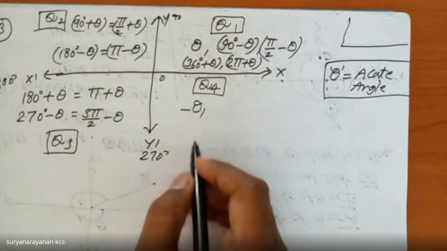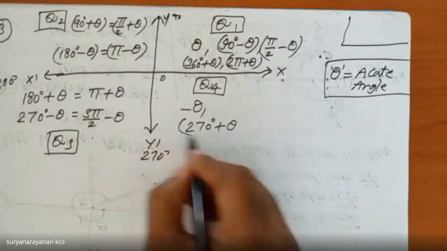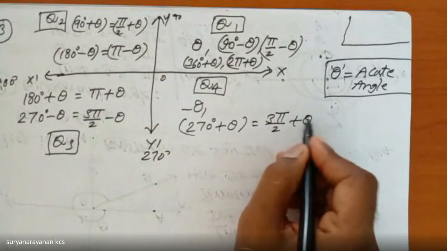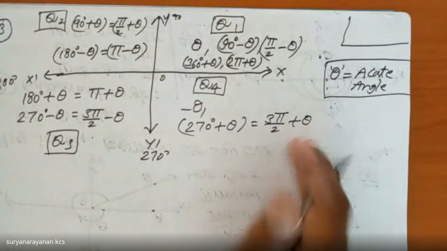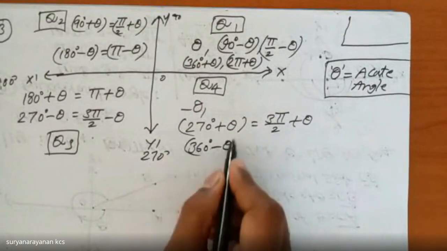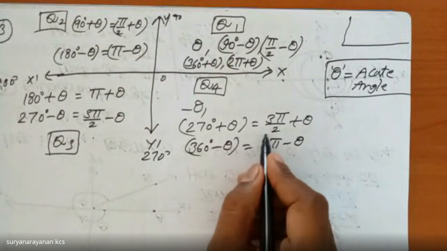Yes or no? So we can write it like this: 270 degrees plus theta, or 3 pi by 2 plus theta in radian measure, or 360 degrees minus theta, or 2 pi minus theta.